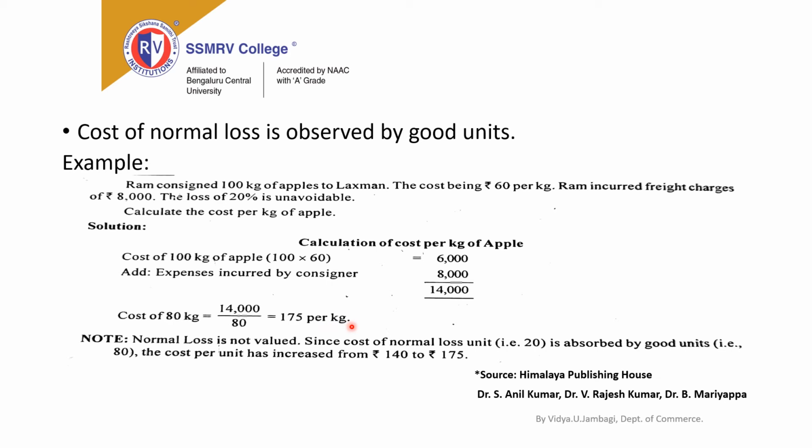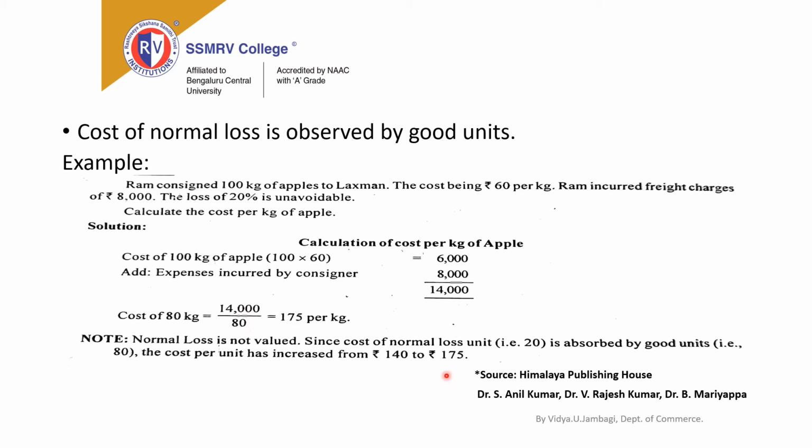So the normal loss has increased the cost per kg of apple. Now if there was no normal loss in this given problem, the cost per kg of apple would have been rupees 140, that is 14,000 divided by 100 kgs.